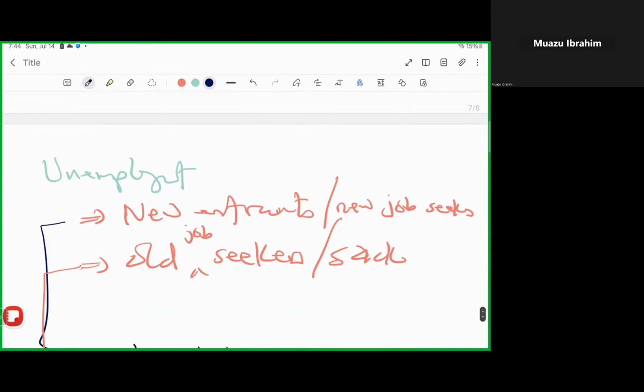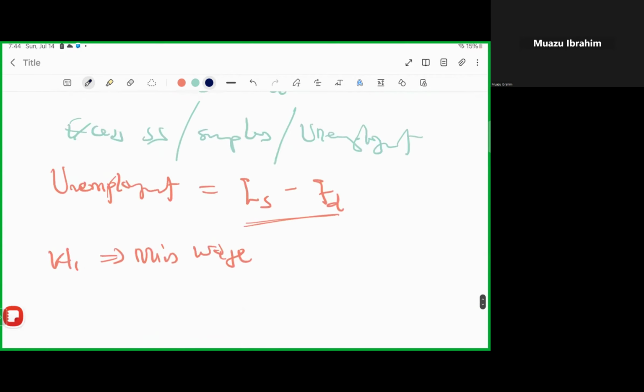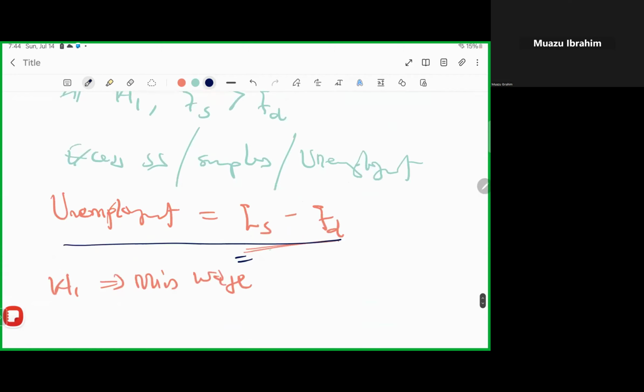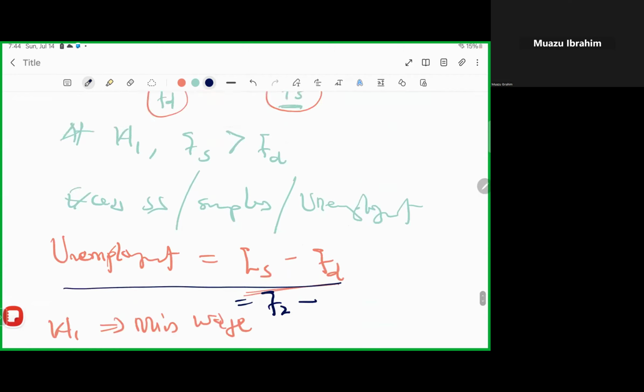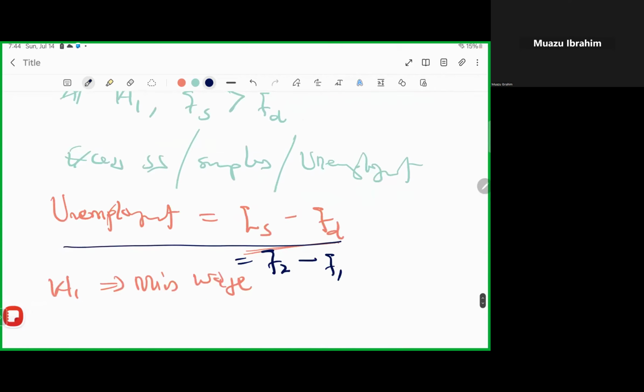So if we pick this unemployment, remember, this is the same thing as Q2 minus Q1.